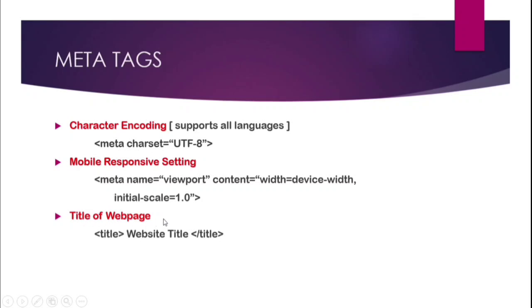Whenever we have to mention the title, like for a personal portfolio website, or an e-commerce website like a tech e-commerce website, you can mention that name here as the website title, using the title tag. These are the meta tags which only reside inside a head tag, the head section in HTML5.